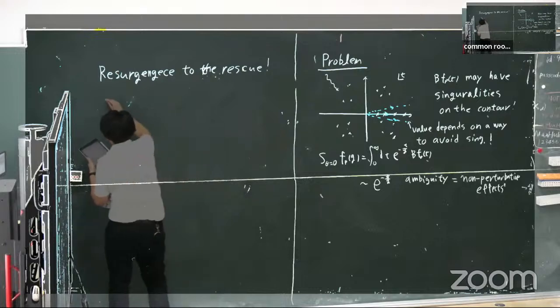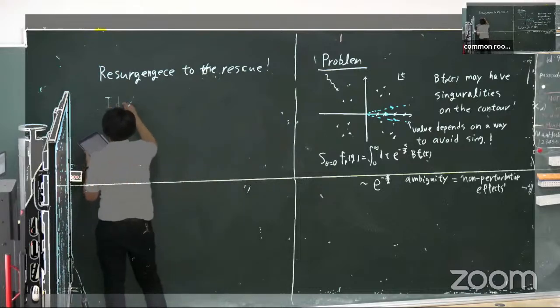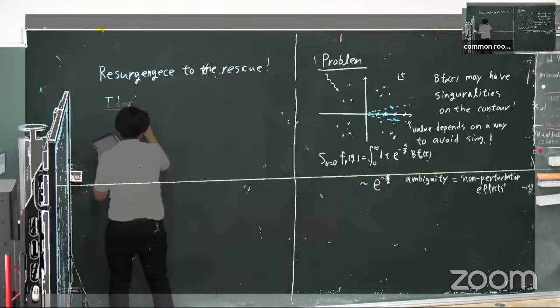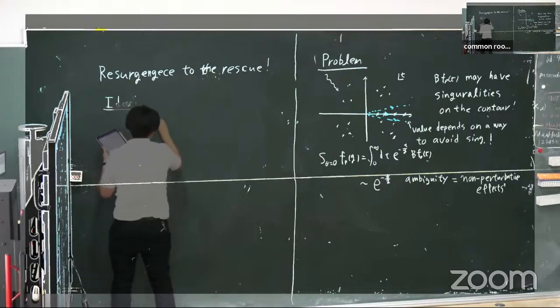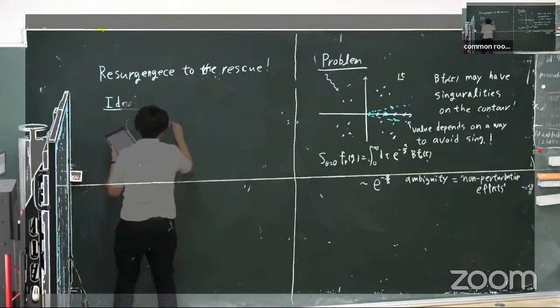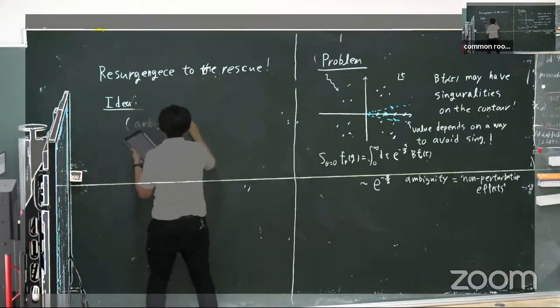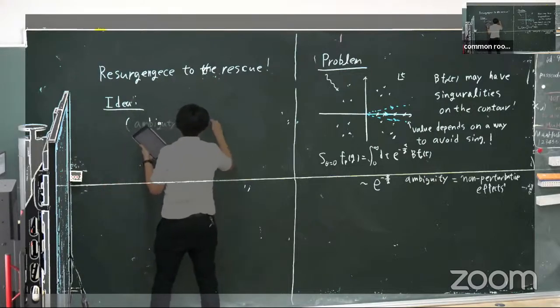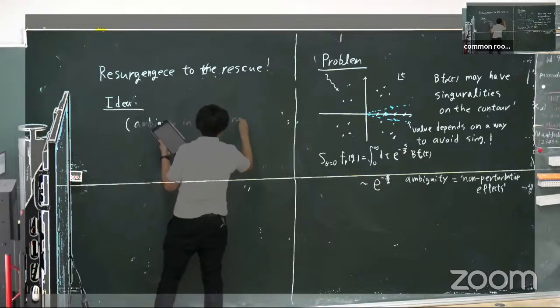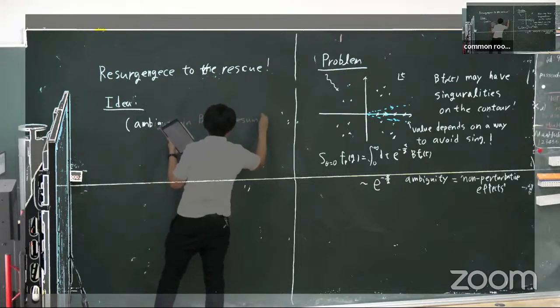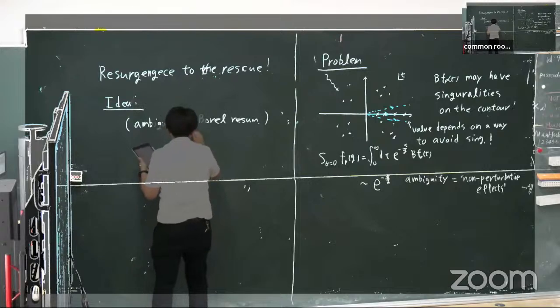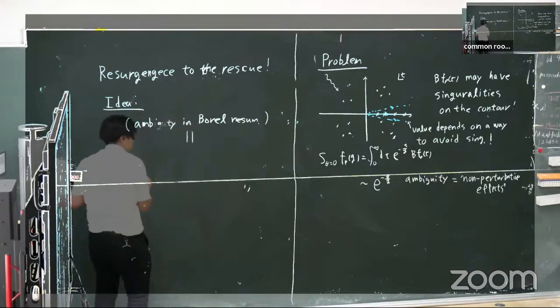And what is the idea? I just show the idea. So we had an ambiguity in the Borel resummation.